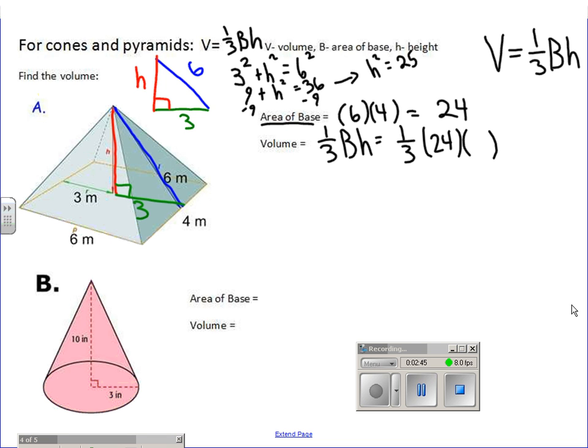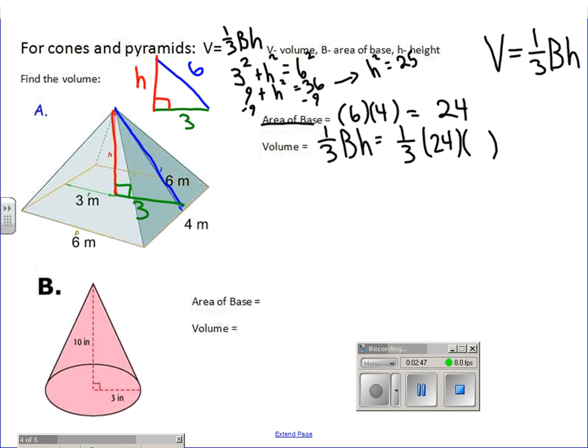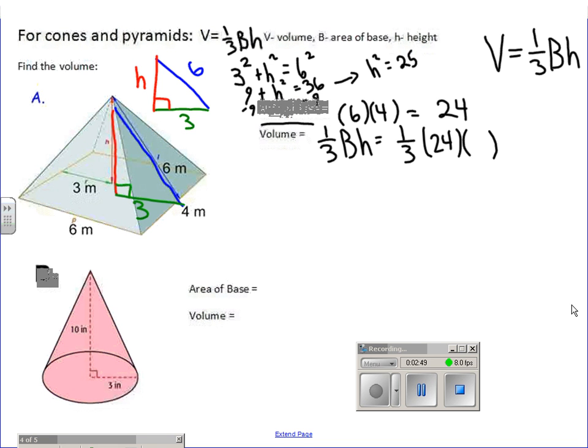I'm sorry, 36 minus 9 is not 25. 36 minus 9 is 27. So now we take the square root of both sides, and we get that H is equal to the square root of 27, which is 5.2 rounded to the nearest tenth.